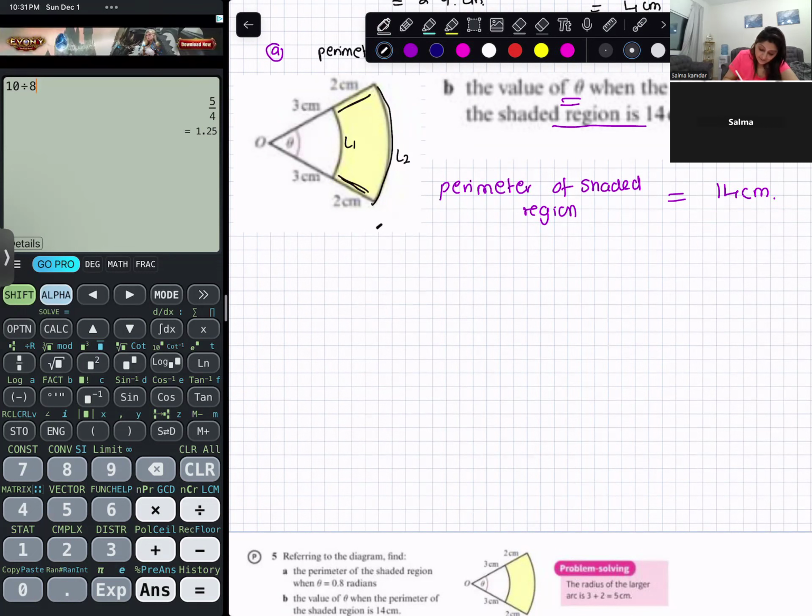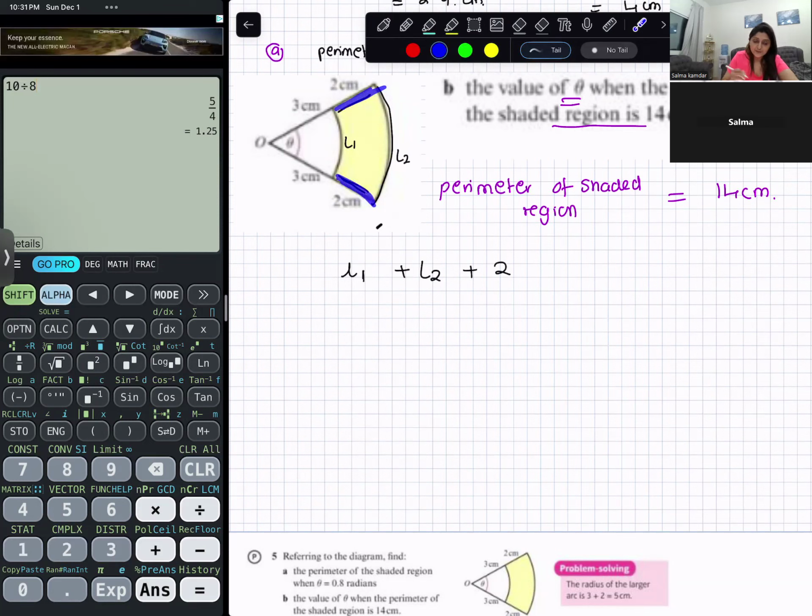So the perimeter of the shaded region would be the length of arc 1 plus my length of arc 2 plus 2 centimeter, which is over here, and plus the other 2 centimeter, which is over here. So plus 2 and plus 2 would make it 14 centimeter.